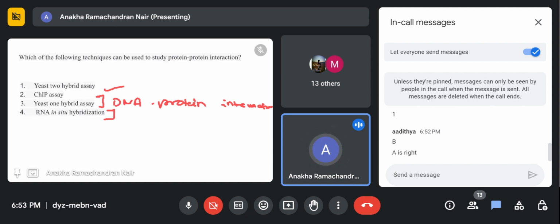So that is just for RNA itself, RNA localization. What they're asking you is for protein-protein interaction.